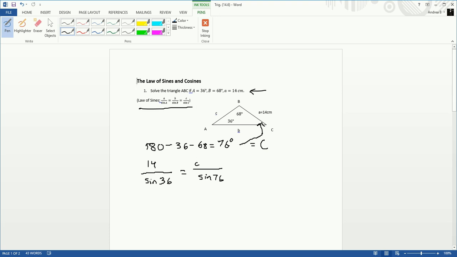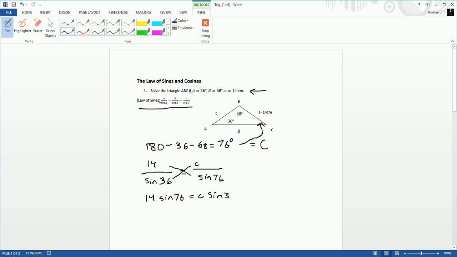And then one way to go about solving this would be to cross multiply here. So then we'd have 14 times the sine of 76 is equal to our side C times the sine of 36.